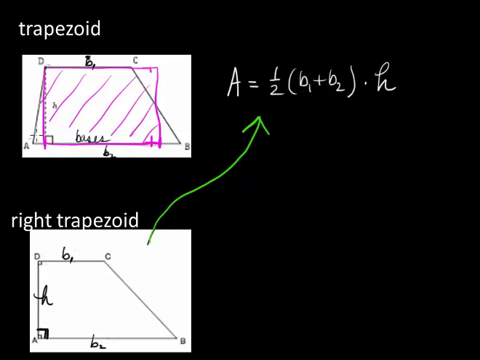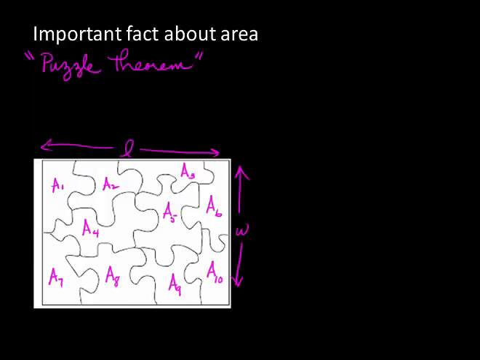And you can see approximately why that would be true. So the area of a trapezoid is the average of the two bases, the lengths of the parallel sides, times the height. And if we have a right trapezoid, the height is easier for us to determine because it's just the length of one of the non-parallel sides, the one that's perpendicular to the parallel sides.